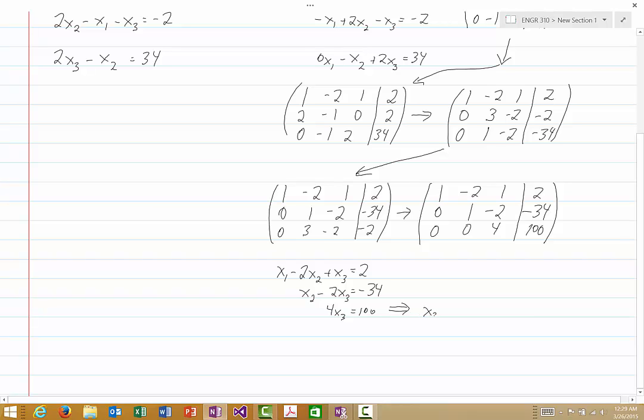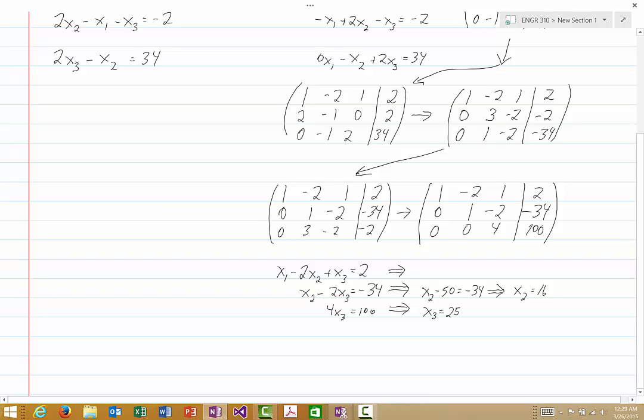The last equation implies that x3 is equal to 25. So when we plug that into the second equation, we have x2 minus 50 is equal to -34. And if we add 50 to both sides, we get x2 is equal to 16.